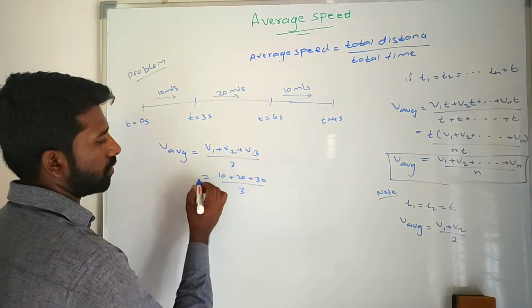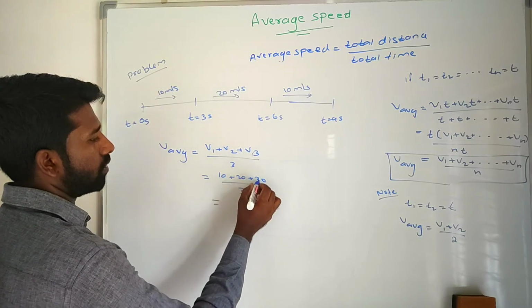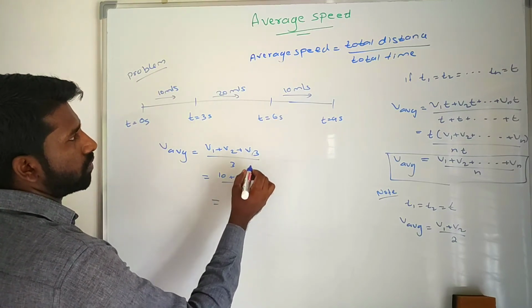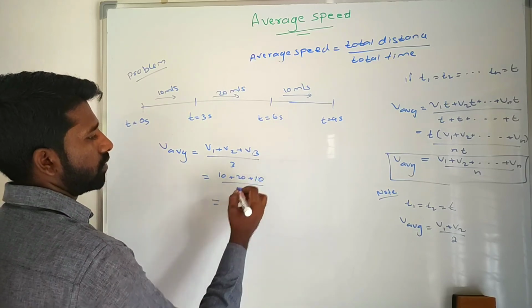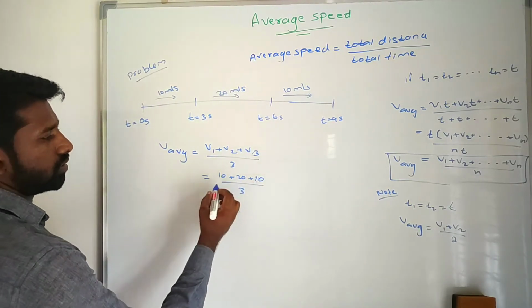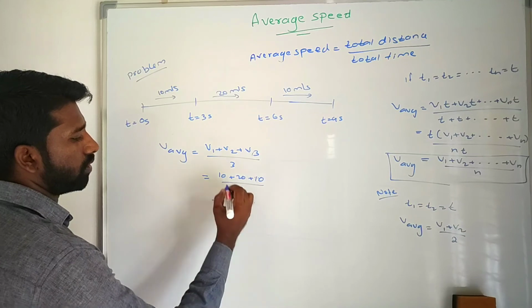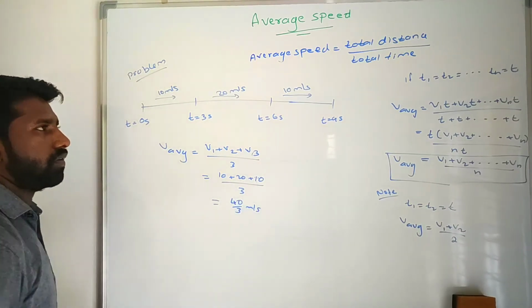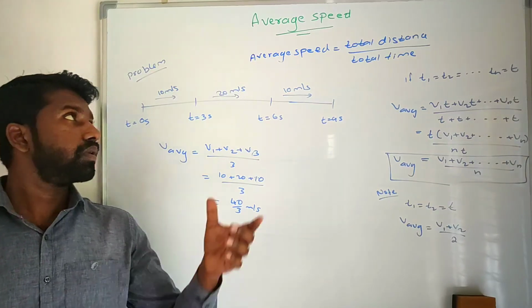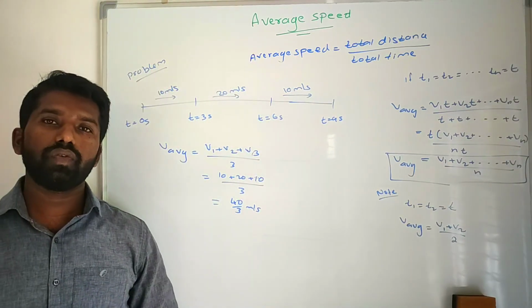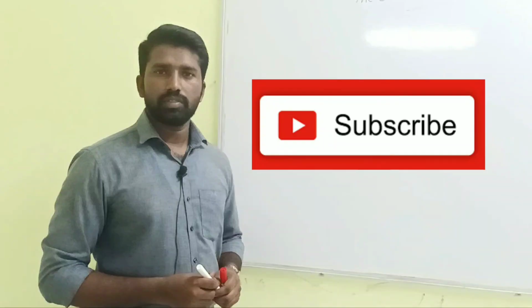How much will you get here? 40 divided by 3. This is the average speed. This is the way the problems may come in the average speed topic.